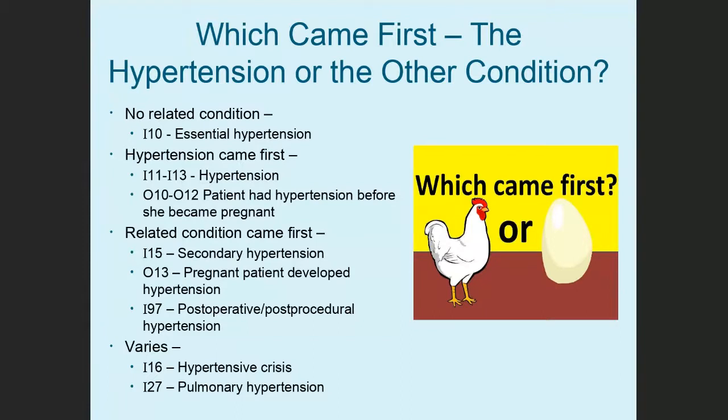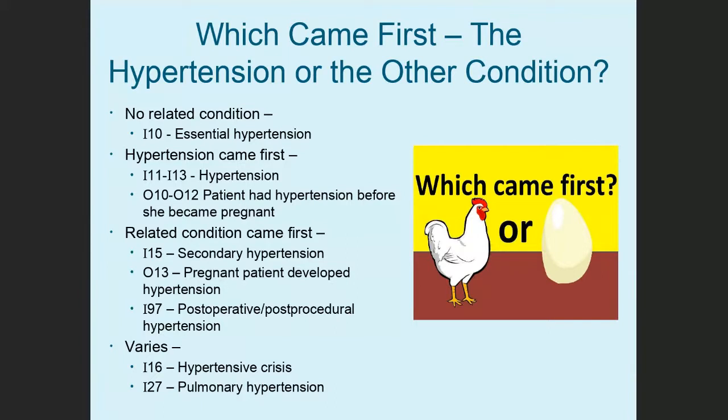If the related condition came first, which caused the hypertension, you have I15, which is secondary hypertension, O13, where the patient was pregnant and then became hypertensive, or I97 for postoperative or post-procedural hypertension.